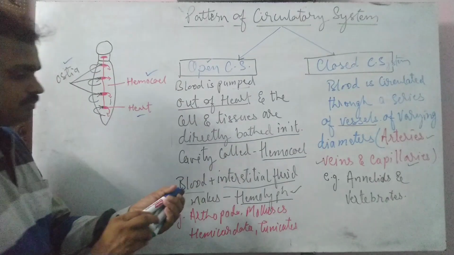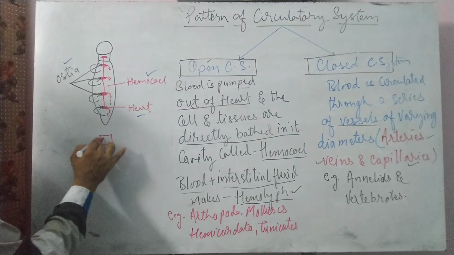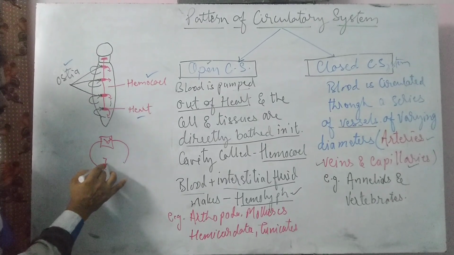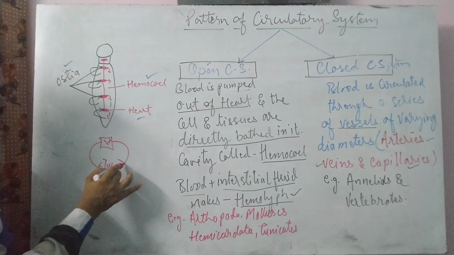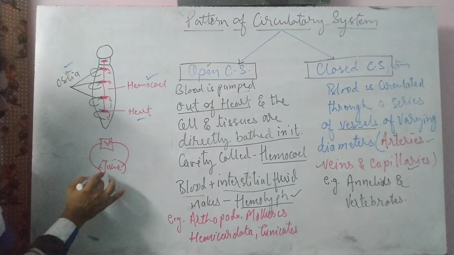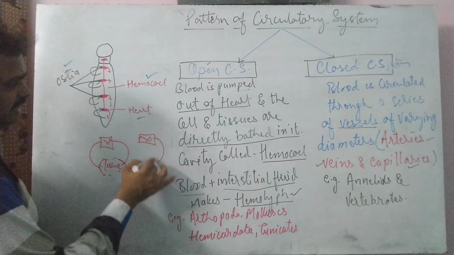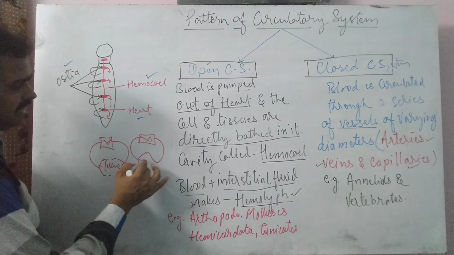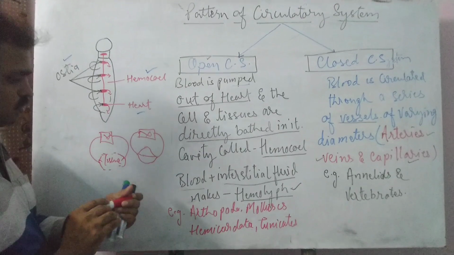As we know, suppose this is the heart, it supplies the blood, and this is the tissue. Here they just leave the blood, but in the closed system, what happens? They make the capillary, and here is the tissue.